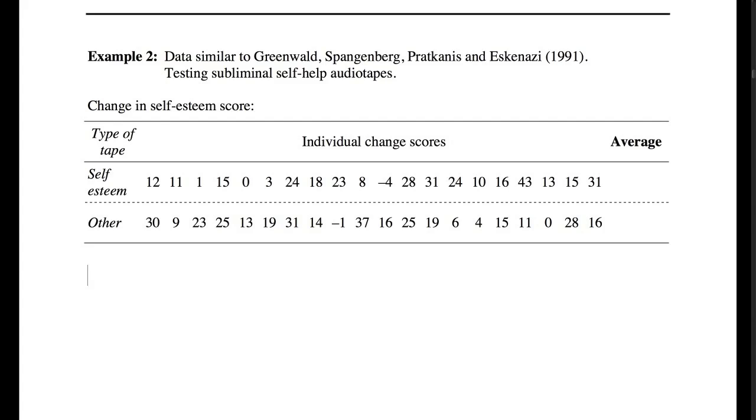And so if their self-esteem improved, they'll have a positive score, and if it improved by a lot, they'll have a high positive number. If their self-esteem didn't change, they'll have a score of 0, and if their self-esteem, according to this measure, got worse, they'll have a negative score. And so what we've got here are the individual change scores for each of the participants in the study.